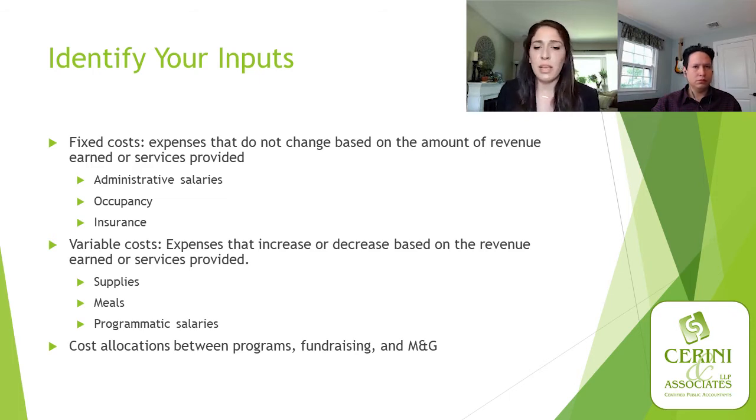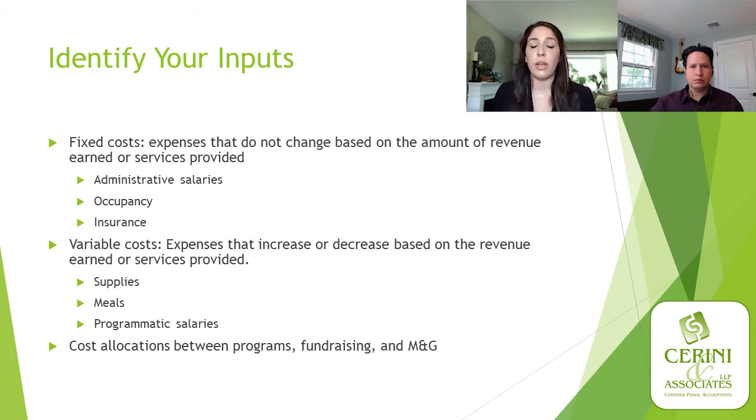So I think it's important to think about those cost allocations and what they really mean in the scheme of things. And what we would recommend is developing a formal written cost allocation policy that you can use during the year and refer back to figure out how to allocate costs.